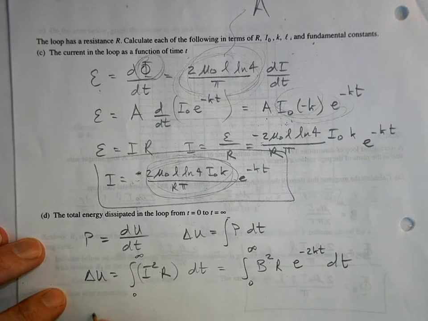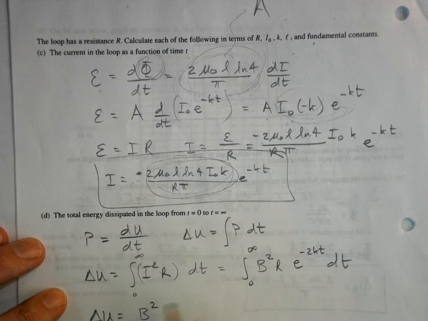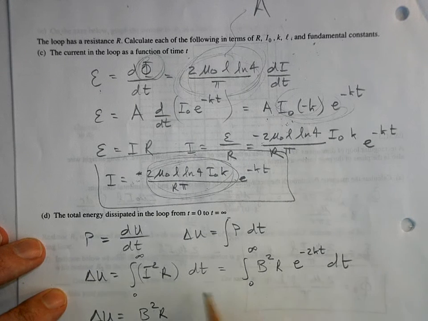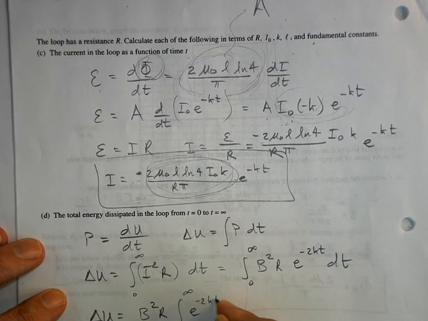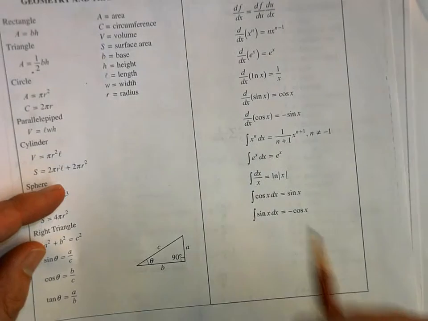This is a ridiculous problem. So B squared R times the integral from 0 to infinity. Now I think you have 1 over a, right? And I think they give you an integral table on your equation list that lets you do that.